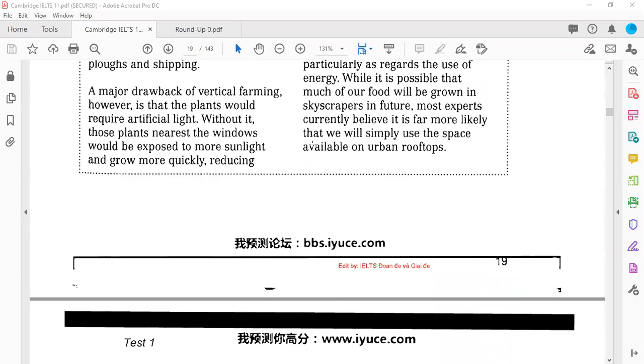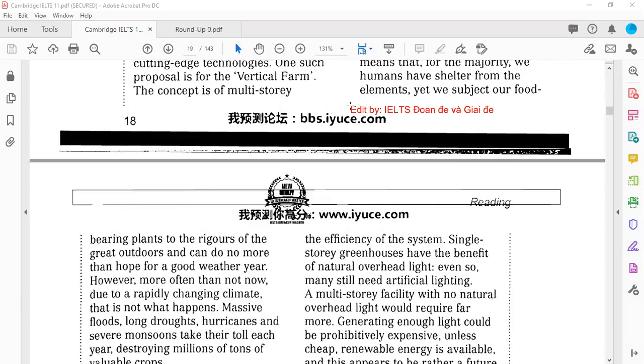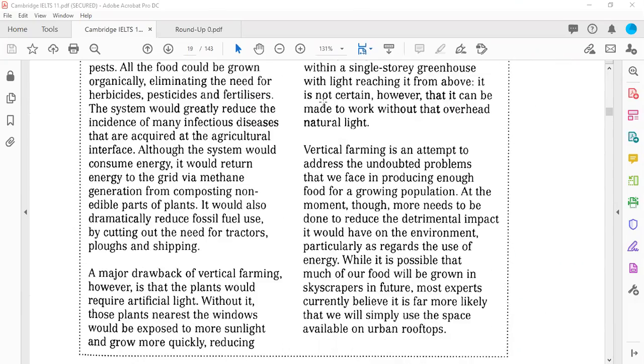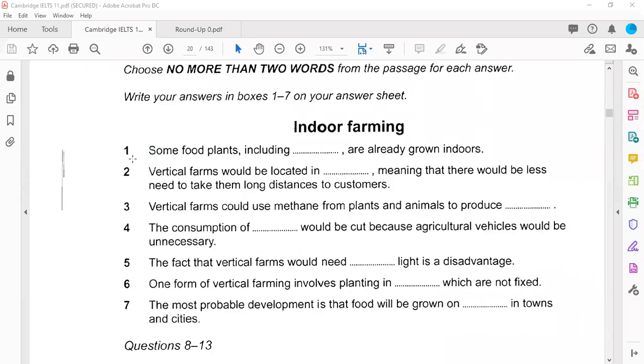So the best way to take something like this on would be to look at the questions first and scan. Get an idea of what they want.